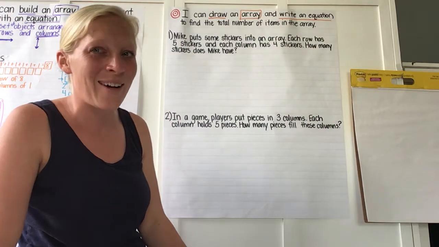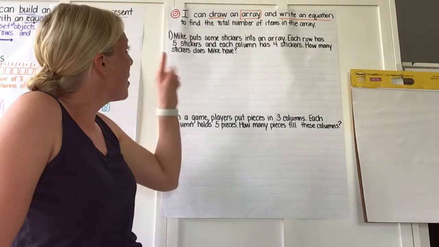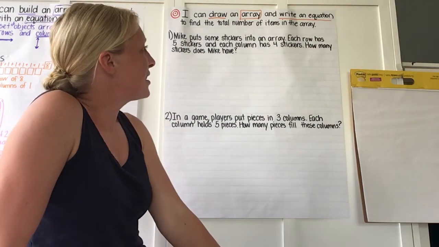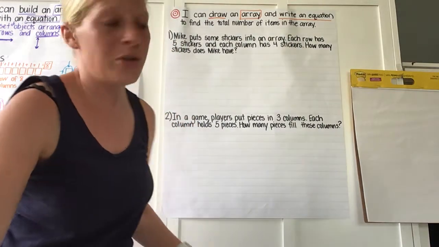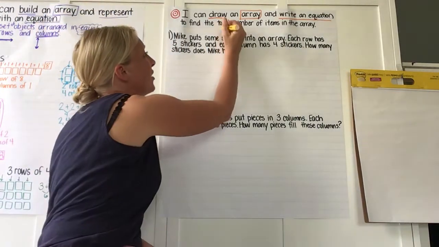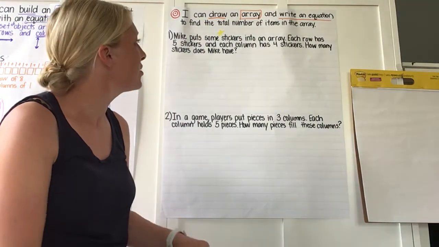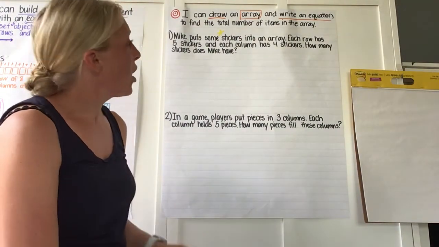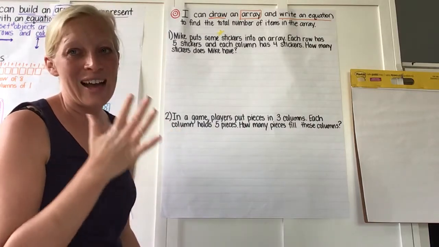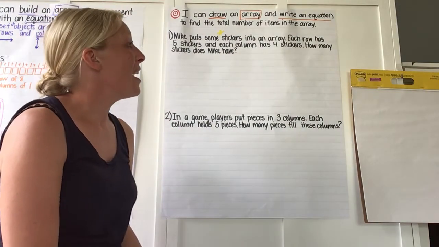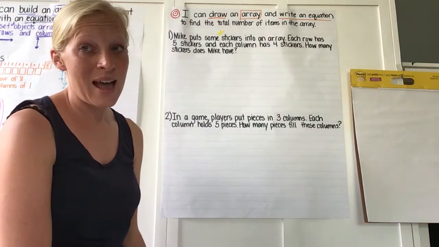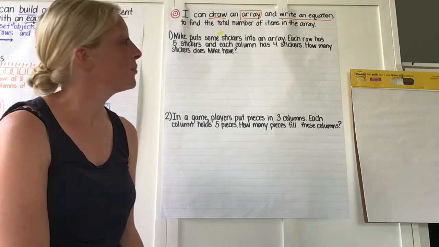Let's take a peek at our first problem. Mike put some stickers into an array. Now his stickers are star stickers. They're just beautiful stars. Each row of his array has 5 stickers in them. And each column has 4.